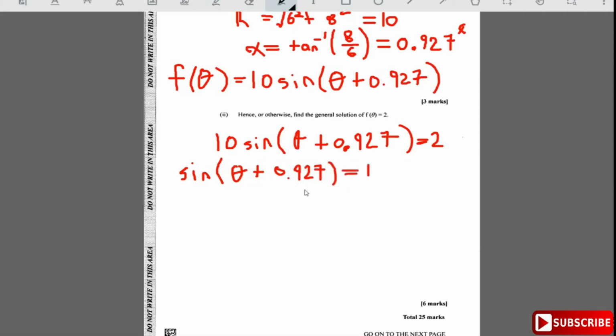So now, remember, we want the general solution. First thing you do is find sine inverse of this. So you get that theta plus 0.927 is equal to sine inverse of 1 over 5.